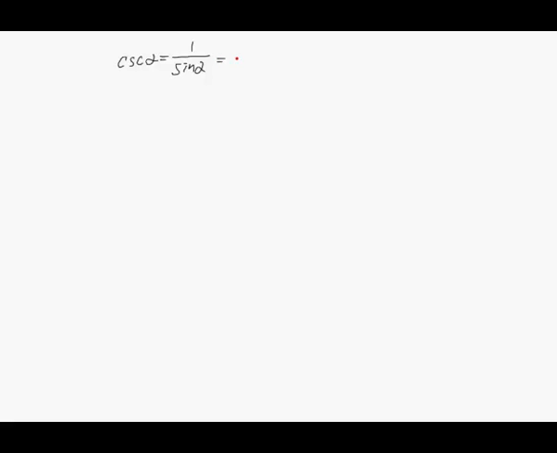So cosecant is just equal to root of 5. And then the last one, cotangent. Actually, cotangent is the simplest, right? It's equal to 1 over the tangent alpha. And the tangent alpha is equal to 1/2. So this cotangent is equal to 2.